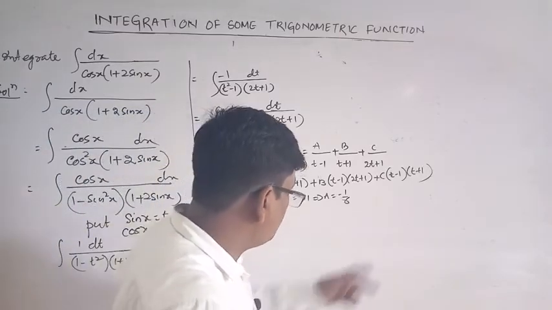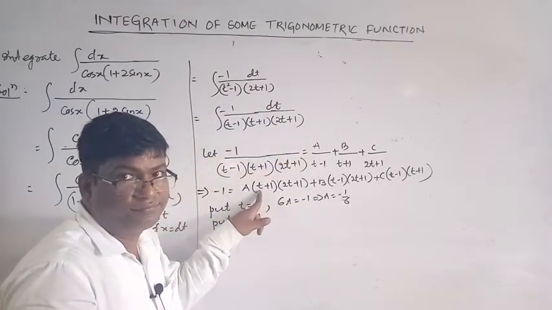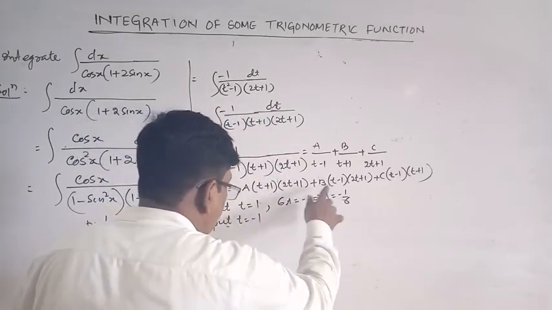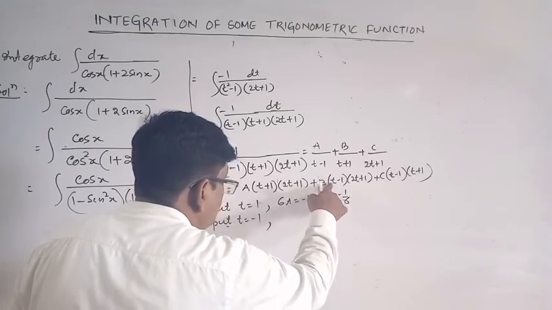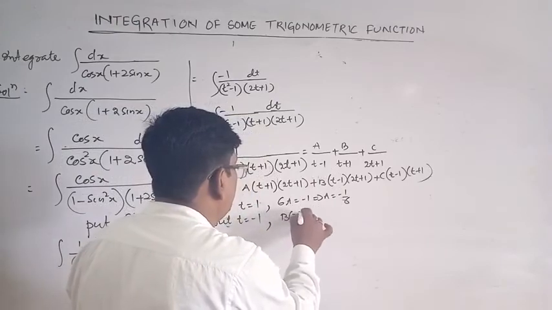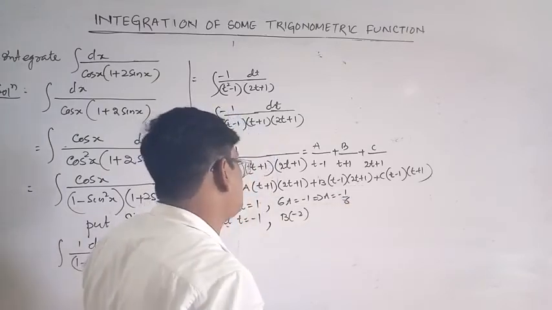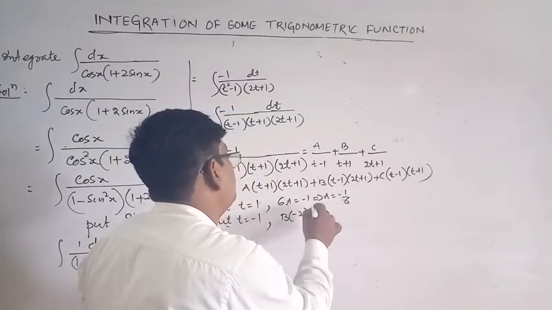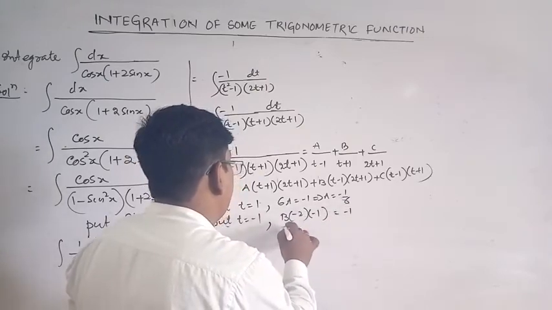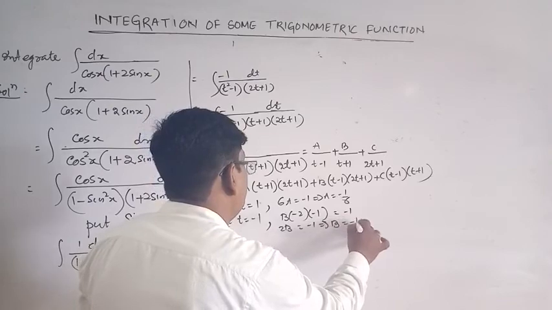If t is equal to minus 1, this term is 0 and this term is 0. But the b term remains here, that is minus 1 minus 1, minus 2. So b into minus 2, and 2 into minus 1 is minus 2 plus 1, that is minus 1, is equal to minus 1. So 2b is equal to minus 1 and b is equal to minus 1 by 2.